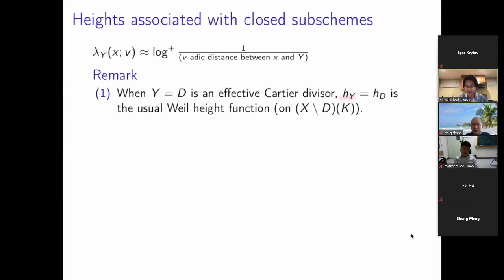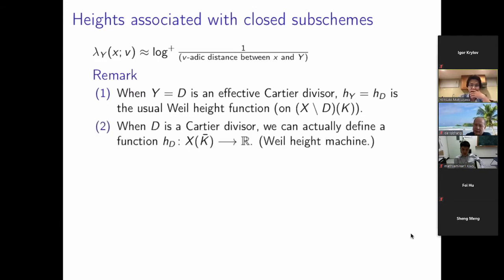Our h sub Y is actually the same thing as the Weil height function on X minus D, because we only define h sub Y on X minus D. But if D is a Cartier divisor, not necessarily effective, we can actually extend h sub D to the whole space.